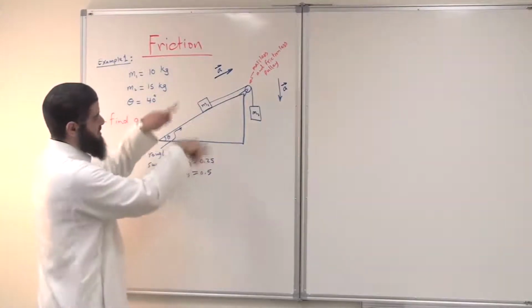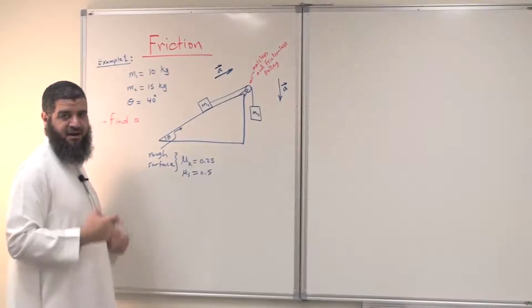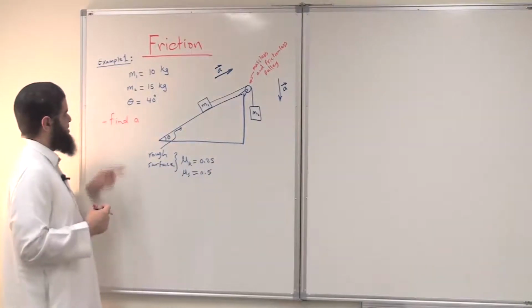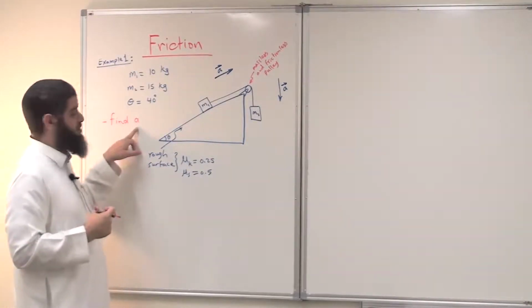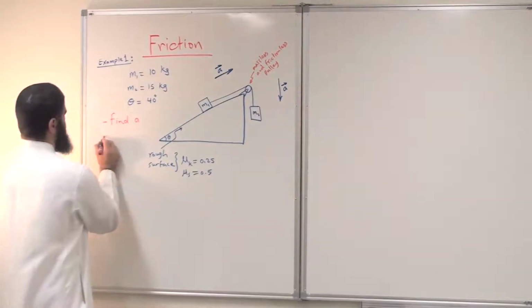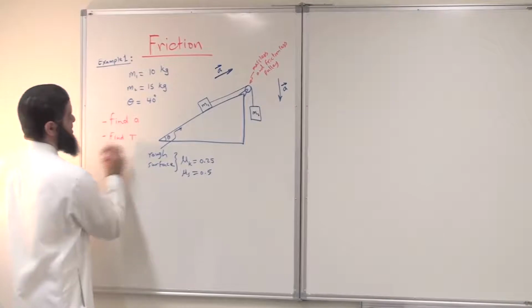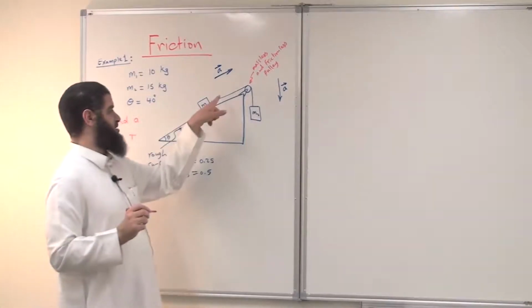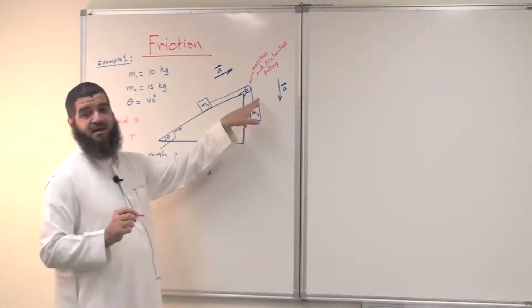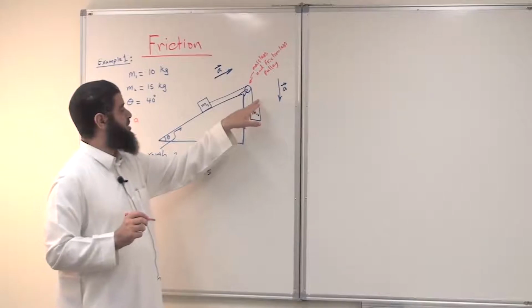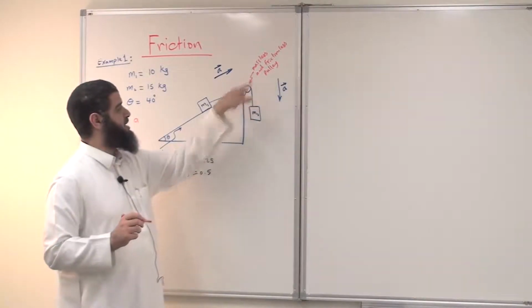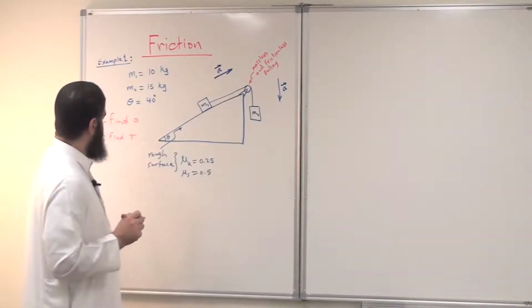They are connected with the same unstretchable string. Also, we would like to find the tension T in this string. Of course, the tension here will be the same as the tension there. This is because our pulley is massless.